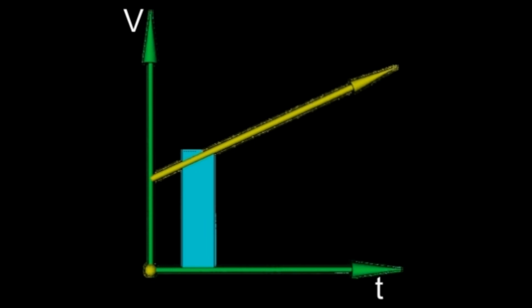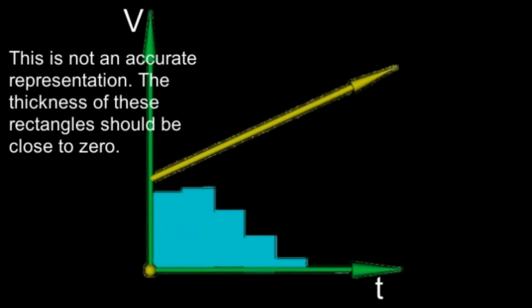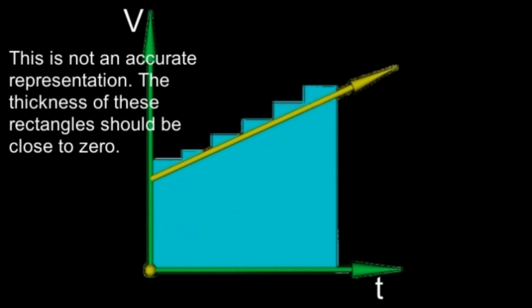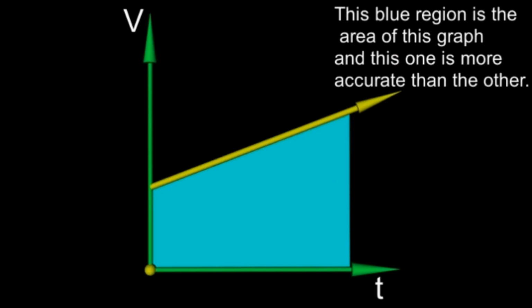The area of this rectangle will be the instantaneous velocity times the time taken, which here is very small. So the area of this rectangle is the displacement covered from the start to a point in time. So the total displacement will be the area of all these rectangles, which is the area of this graph.